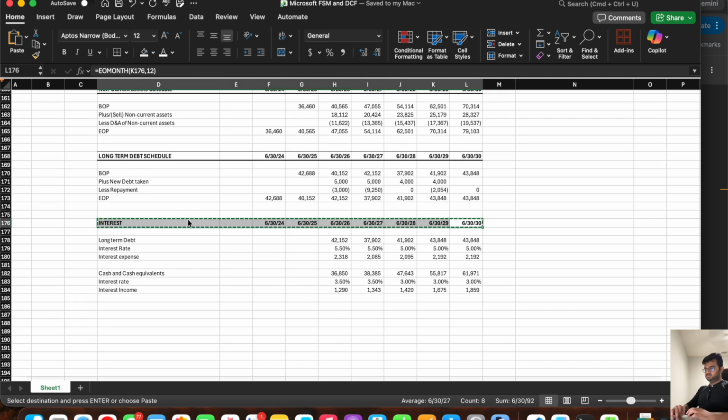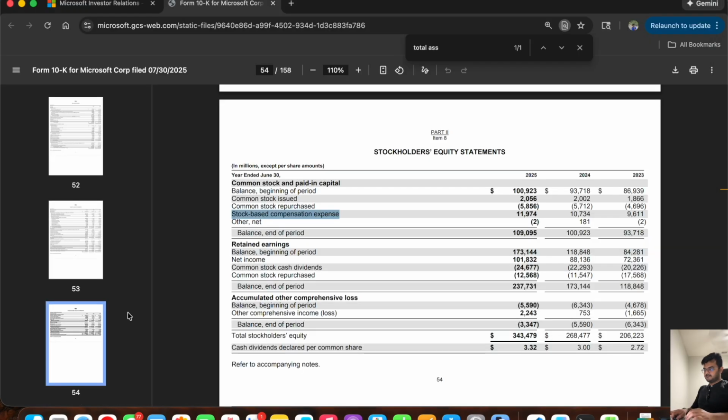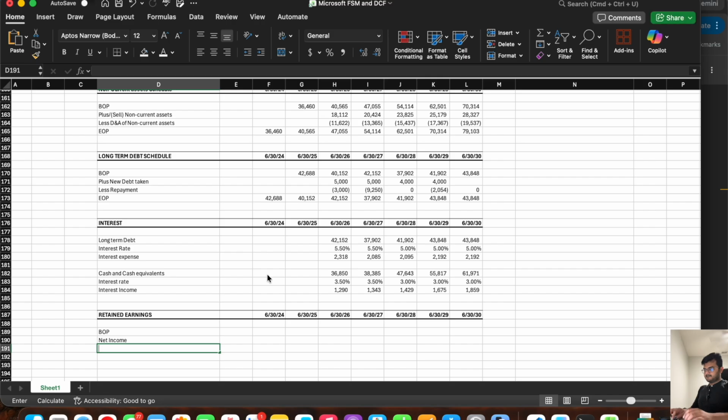So what I will do, retained earnings. Retained earnings is beginning of period plus net income less dividends less repurchase, giving end of period.